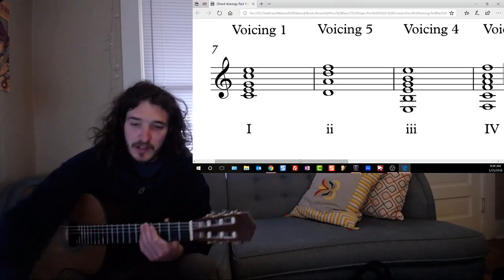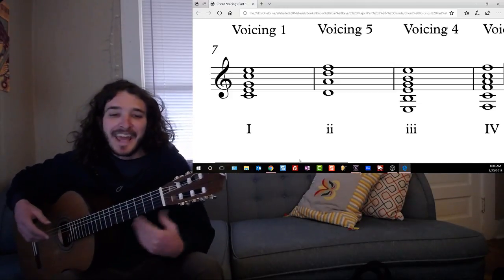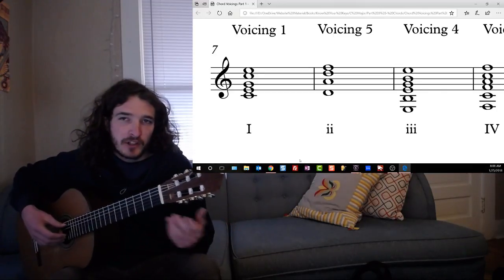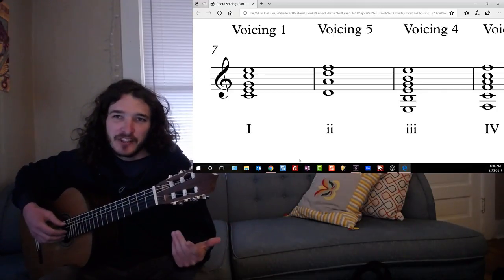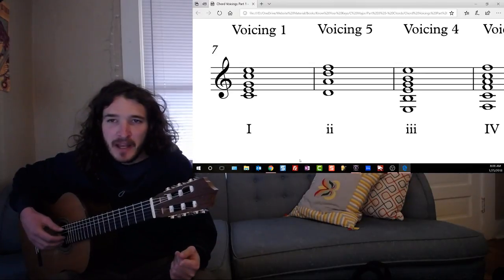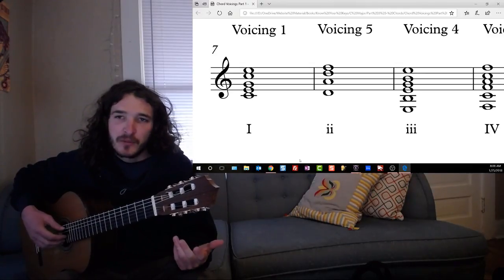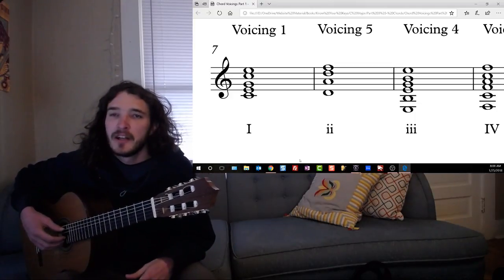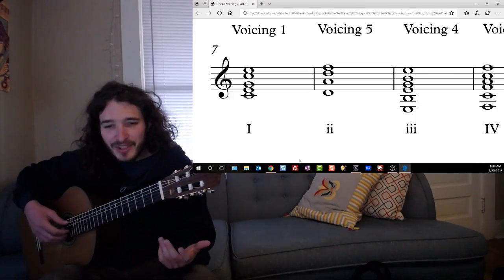Now, generally, this is referred to as the CAGED system. I don't really want to use the CAGED acronym because, to me, it adds a little bit too much in terms of complication. So I call them voicing 1 through 5. But first off, let's just go through our chords.